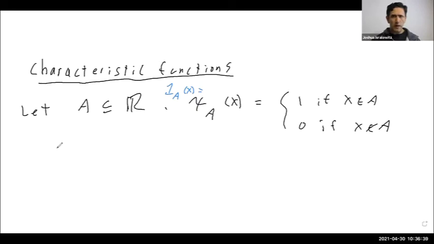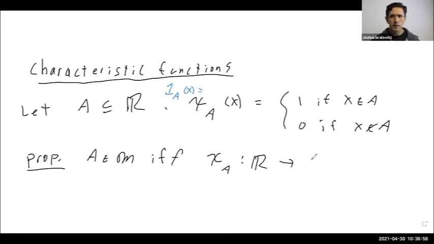so we have the following proposition. Very basic, but very important. A is measurable if and only if this characteristic function is measurable.